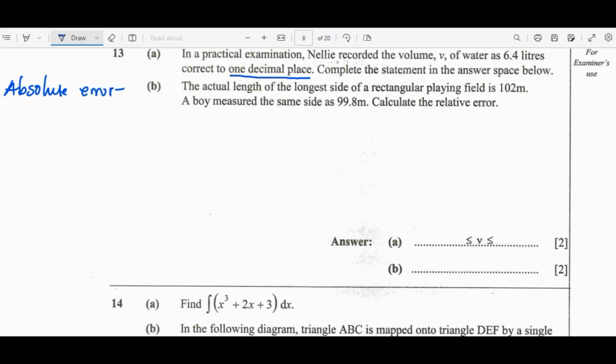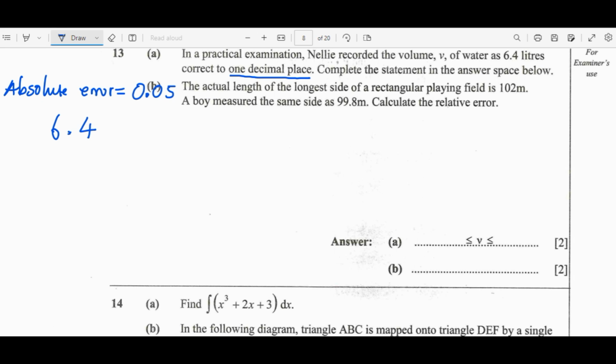So what is the absolute error? Whenever it's 1 decimal place, the absolute error is 0.05. It's a number that you are supposed to commit to memory. So we are going to find the lower bound and the upper bound.